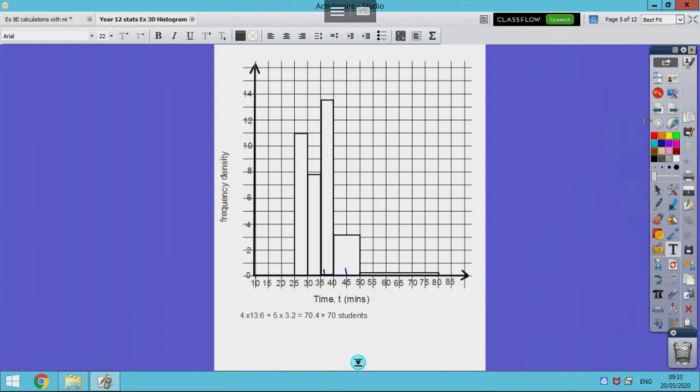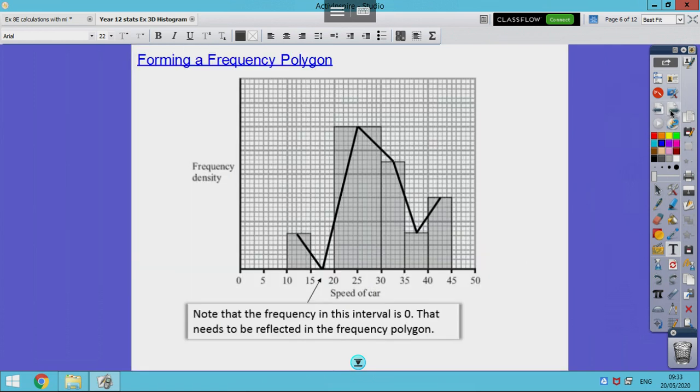Now, an important point that I want to say here is that, say we're forming a frequency polygon on a histogram. If one of the frequencies of the intervals is 0, you must include it in your frequency polygon, just like it's shown here.